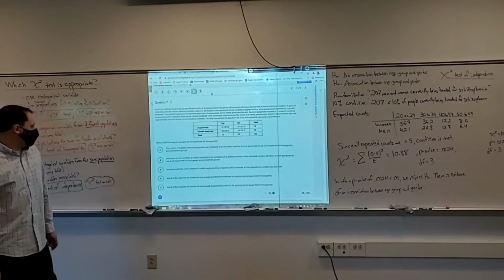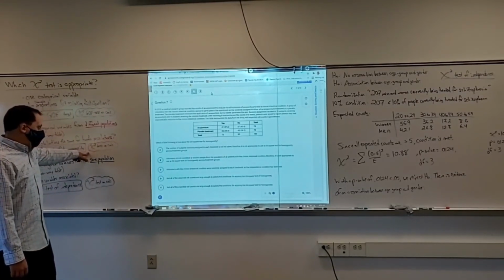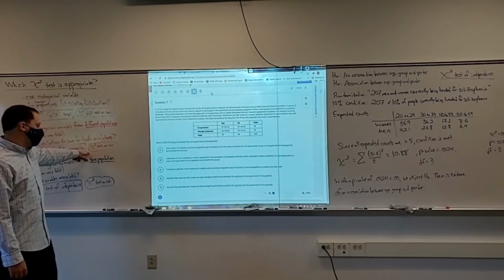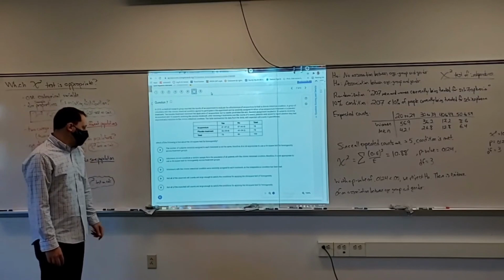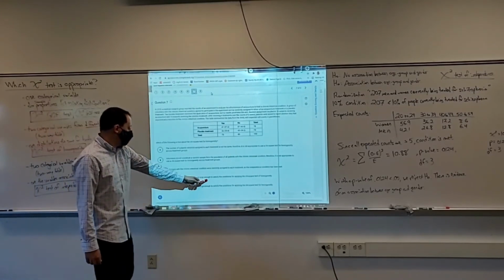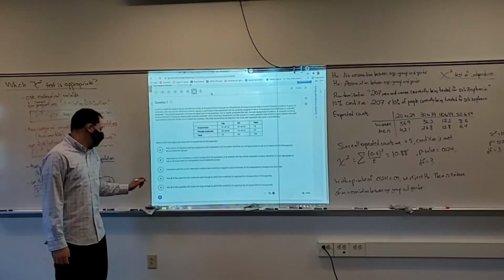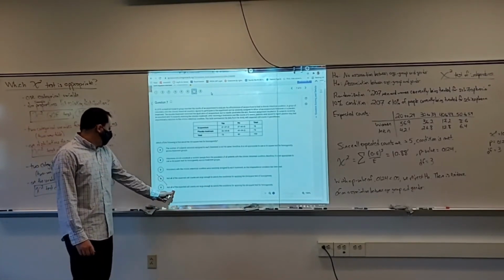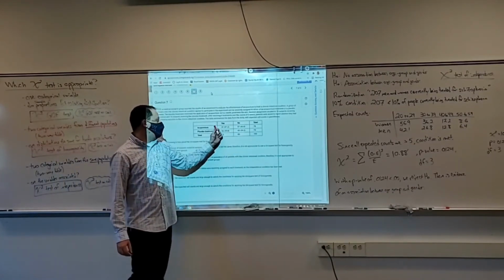Which of the following is true about the chi-square test for homogeneity? Well, some of these are easier to check than others. This says not all of the observed cell counts are large enough to satisfy the conditions. Conditions have nothing to do with observed counts. This one says the expected counts aren't large enough, but they're all bigger than 5.